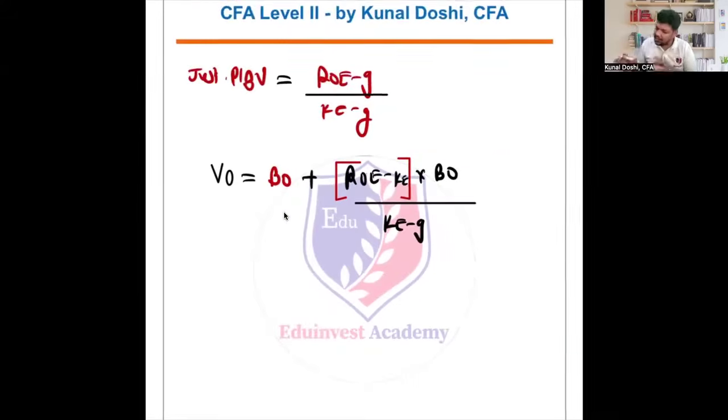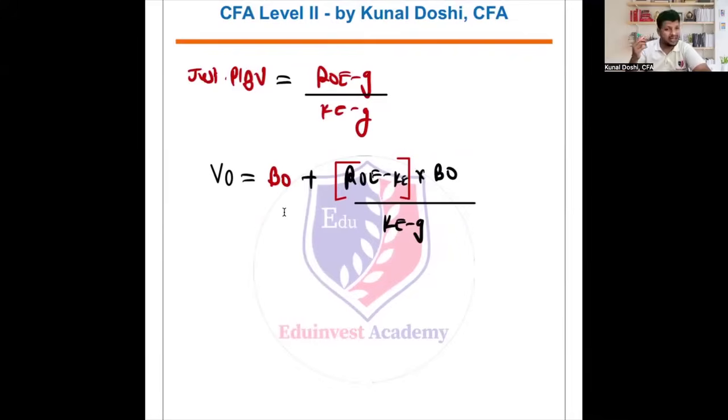Now, how are these two related? Here you have ROE minus G over R minus G. Here you have ROE minus cost of equity into B0 over K minus G. How are they both related? They both are using the same components. Am I correct? Right? Right.